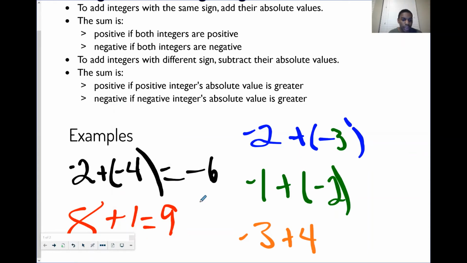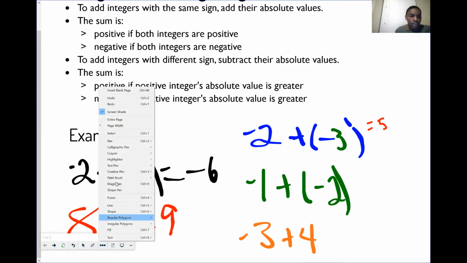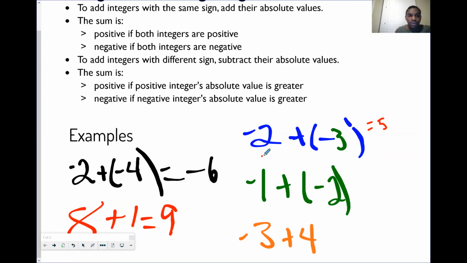Let me do red. Okay, so I have an example here: negative 2 plus negative 3. Of course, 2 plus 3 is what? 5, right? As you can see, they're both negative. So this is the negative and this is the negative, right?